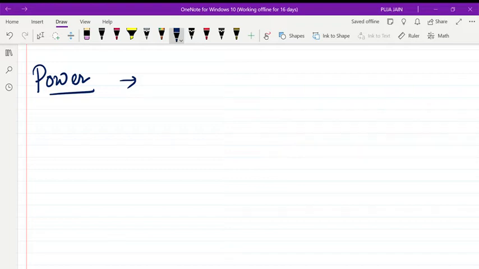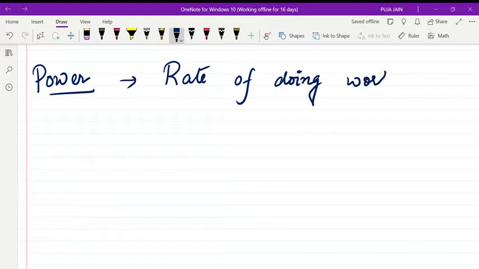Power is basically the rate of doing work. This is called power. In any sentence, if we say a term like "rate of" or "by the rate", that means divided by time. Power means we are doing this much work in what interval of time. That gives us the measure of power.